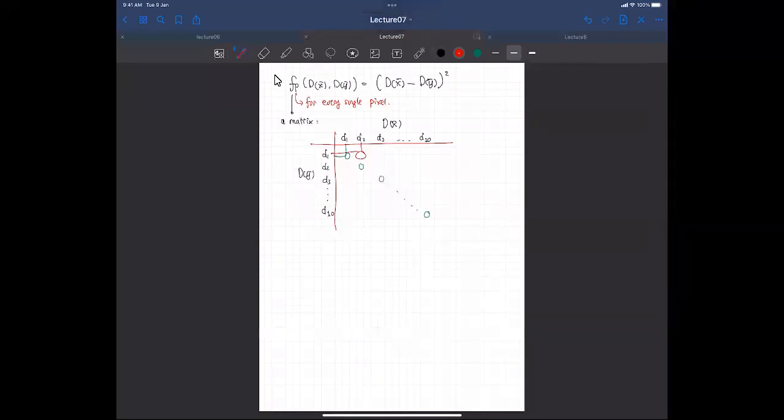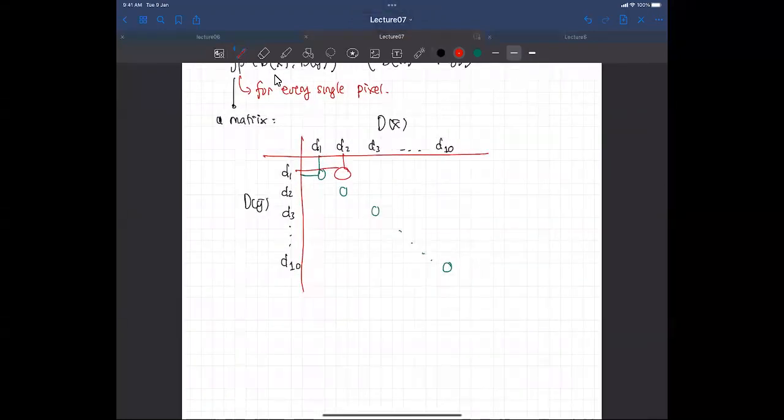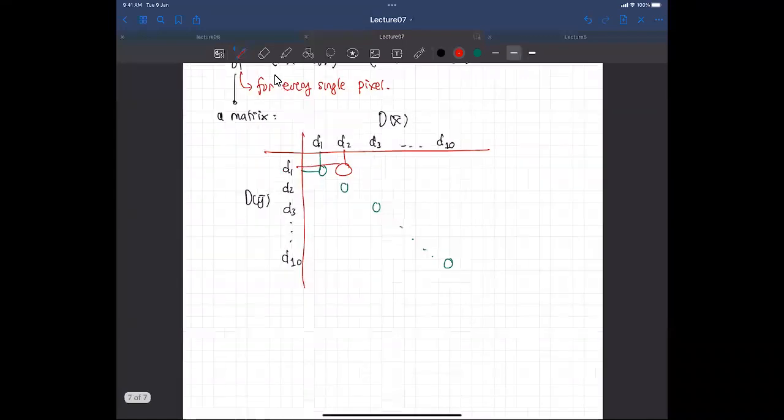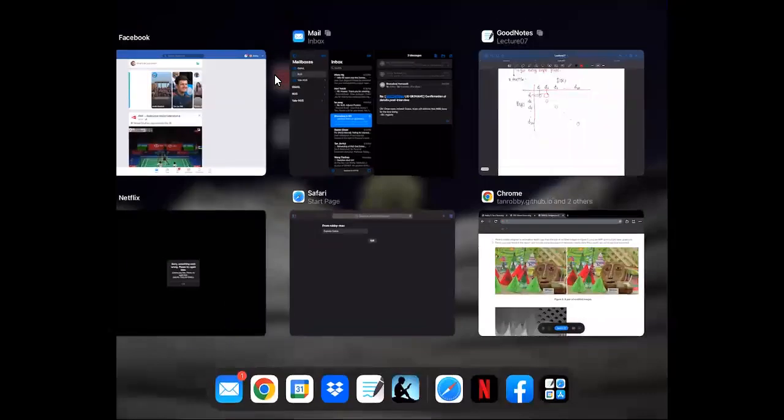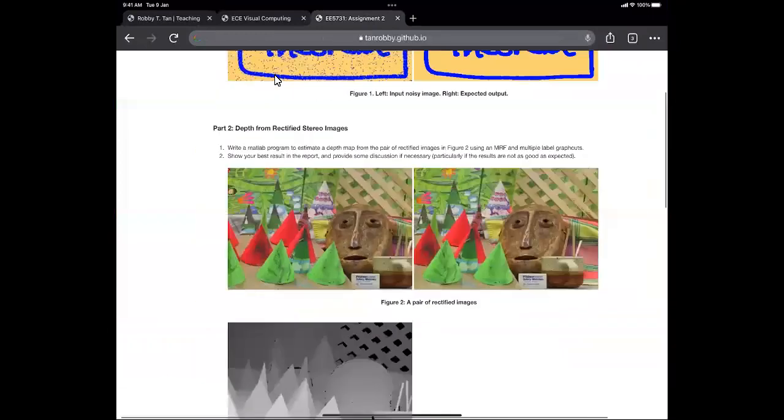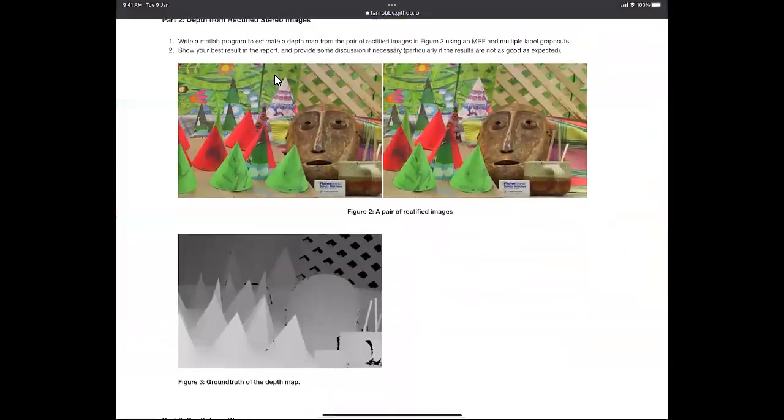So again, if you put this graph, which has become a full graph now, into the GraphCut package, then you will have the output as this one. No, it's a depth. Yes.